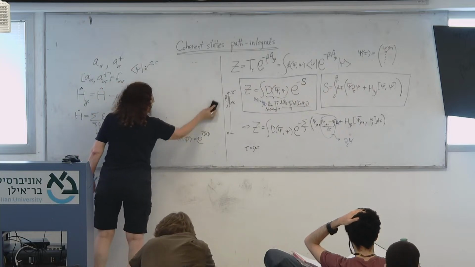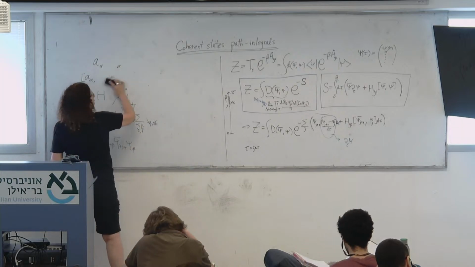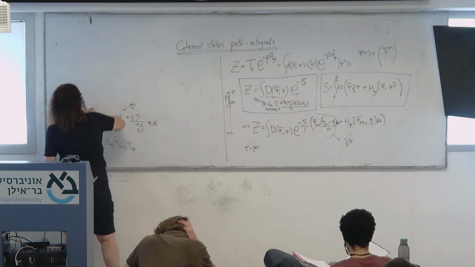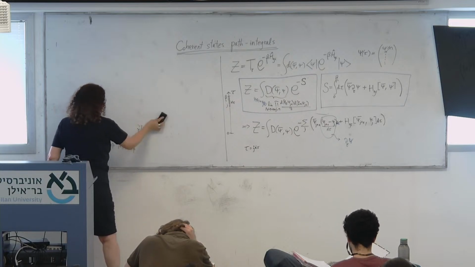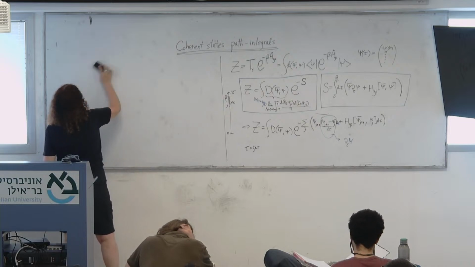There is one step that I want to do further. This is one way of writing it when you work with the local fields psi of tau.